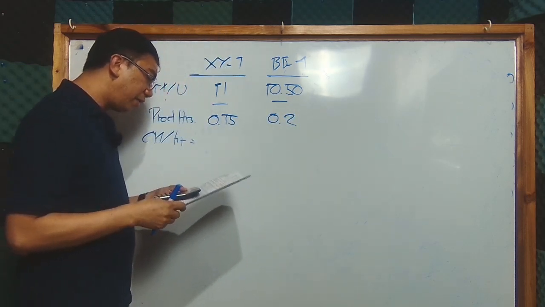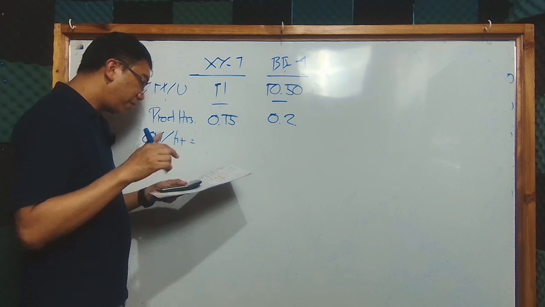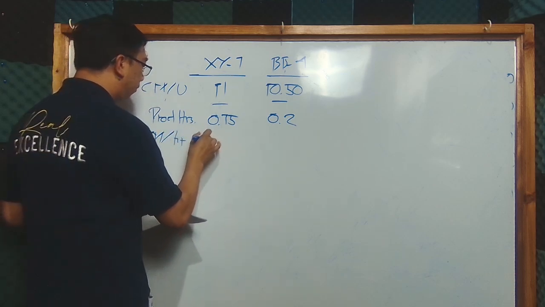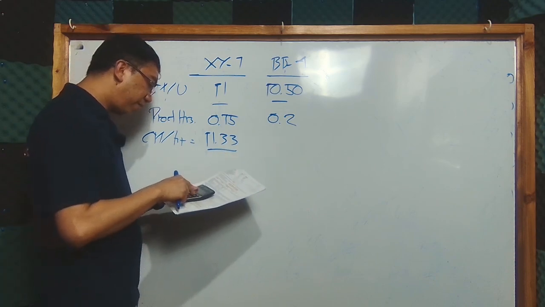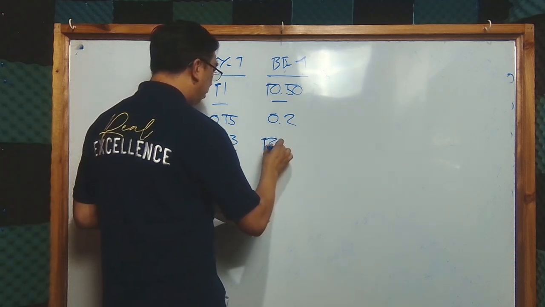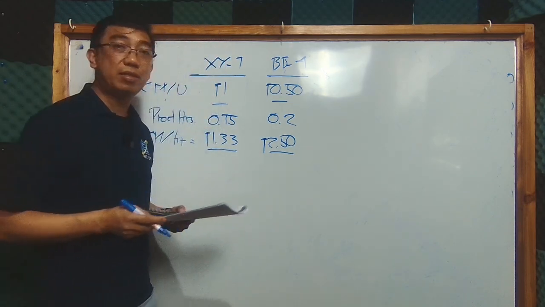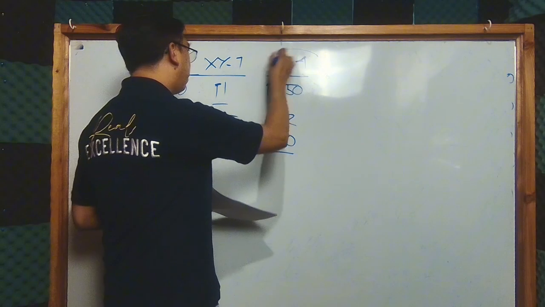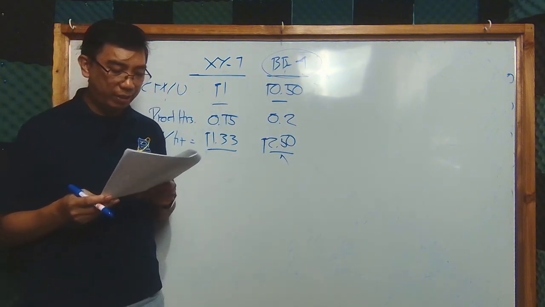Yan, class, i-compute na natin: 1 divided by 0.75 will give us 1.33, versus 0.5 divided by 0.2 will give us 2.50. So, what should be our priority? Class, ang priority dapat natin dito is BD4. That should be our priority kasi mas mataas yung magiging contribution margin per hour niya.